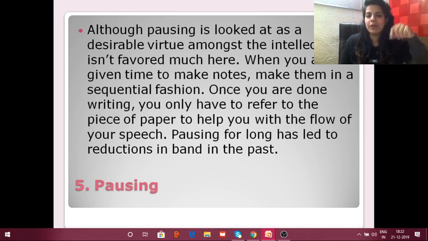But it is not favored much here because it's a time-bound test, and if you are given the time to make notes, make them in sequential fashion. Have a sequence, follow a sequence, because once you are done writing, you only have to refer to that piece of paper, and that will shape your flow of speech.